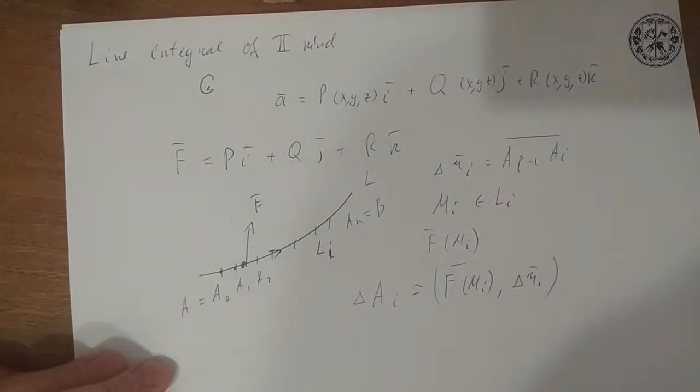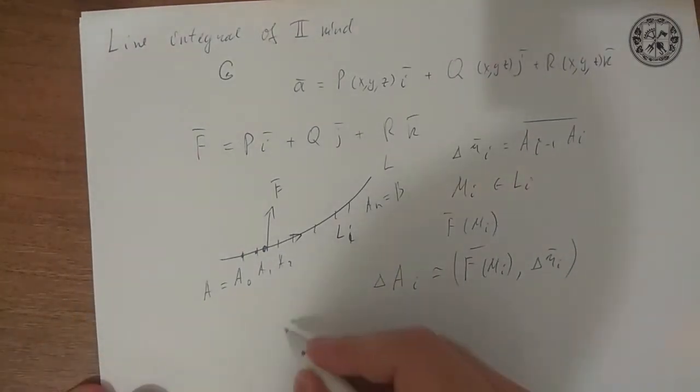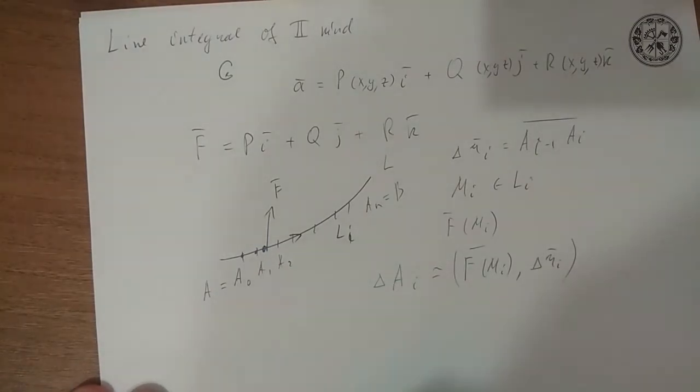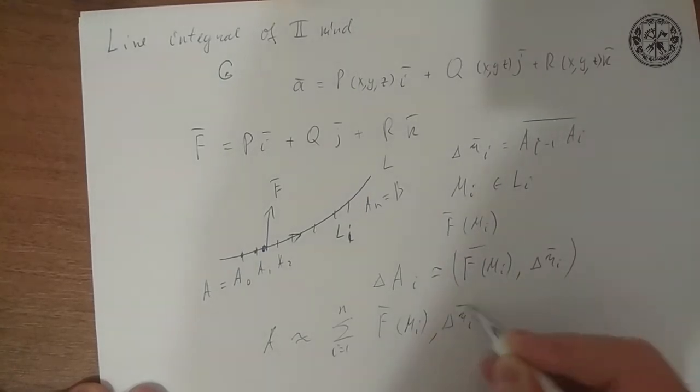This is scalar multiplication. So if we try to approximate total work, this will be the sum for i from 1 to n of F of Mi delta Ri.